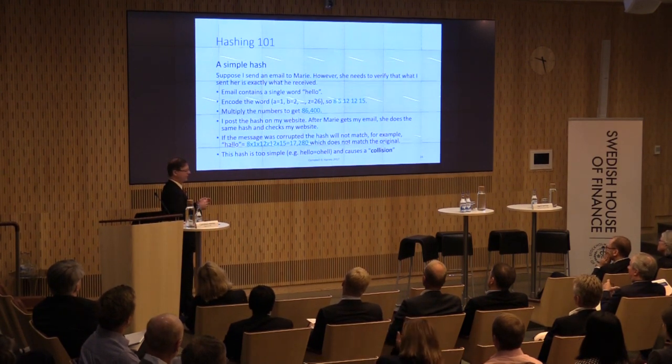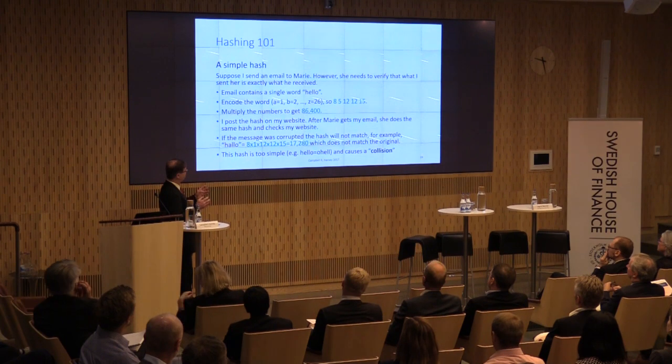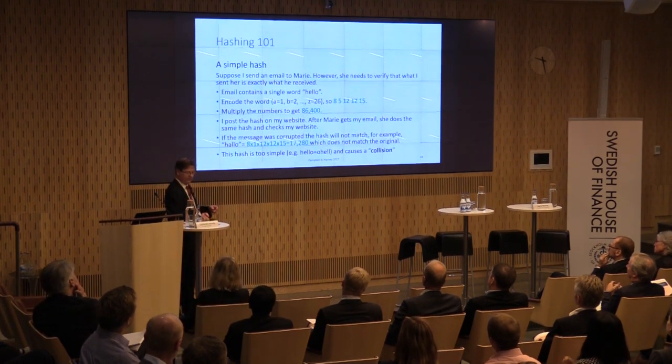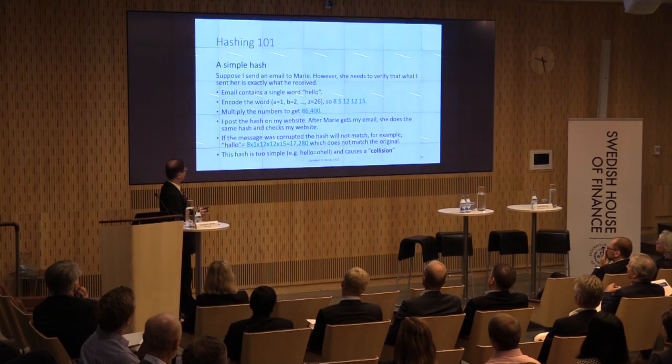So A is 1, B is 2, Z is 26. And then what I'll do is multiply all those numbers together. So we can see up here that we've got hello, and multiplied together, it's 86,400.